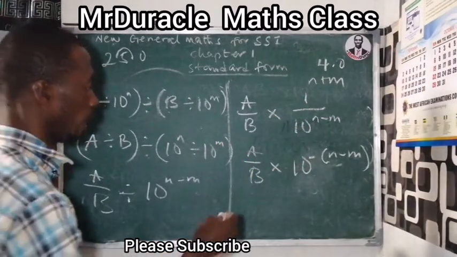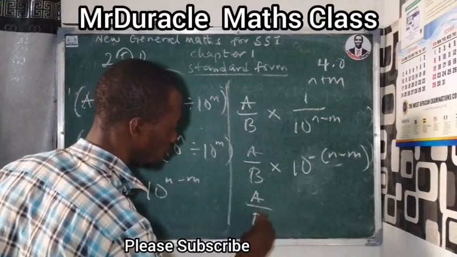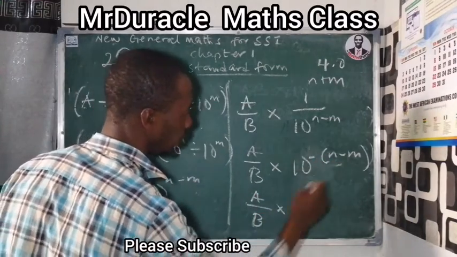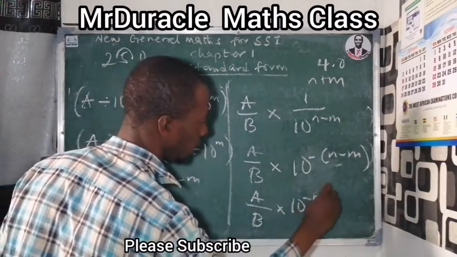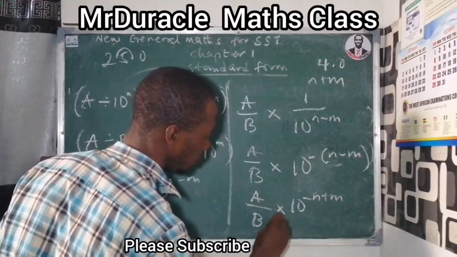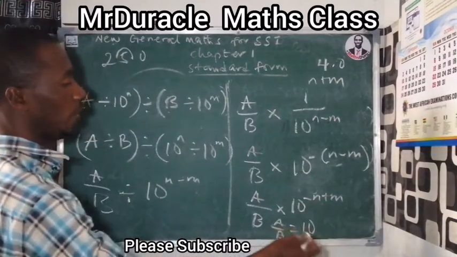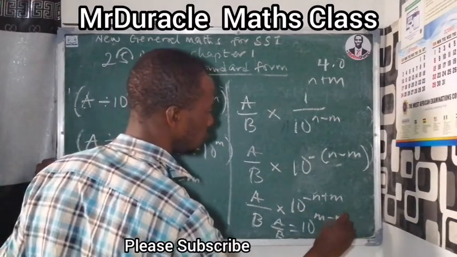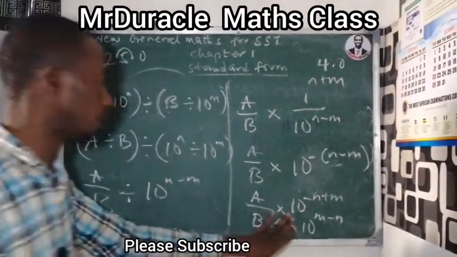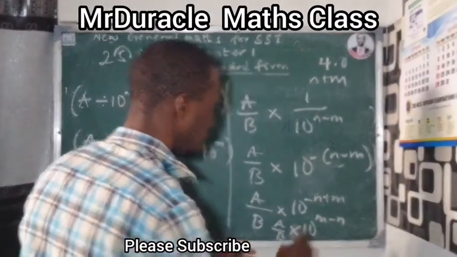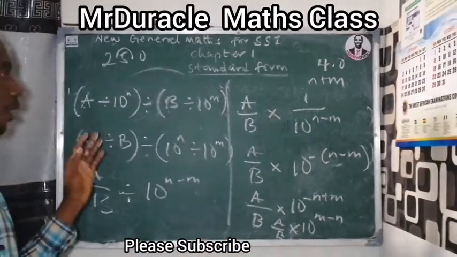So here we have A over B times 10 to the power of minus (n minus m), which is minus n plus m. So the answer is A over B times 10 to the power of m minus n.